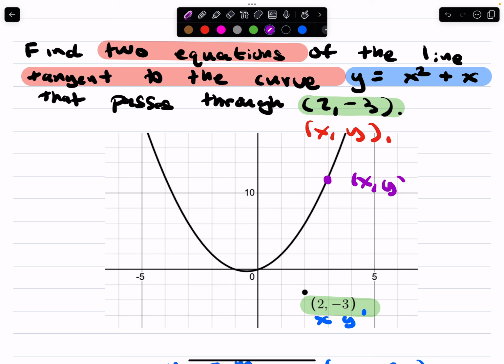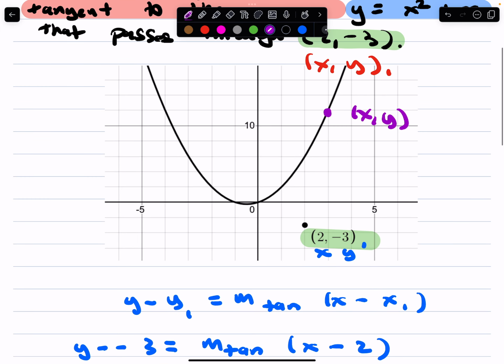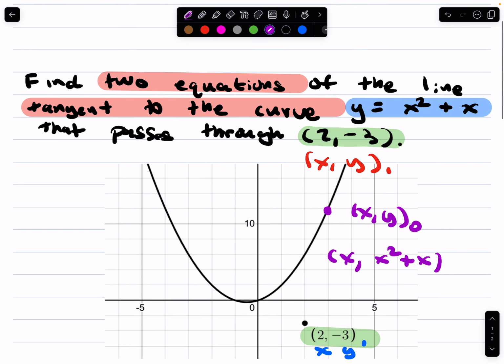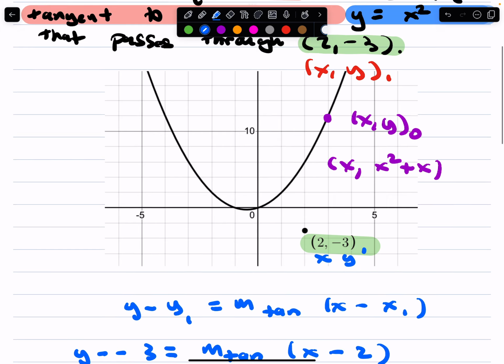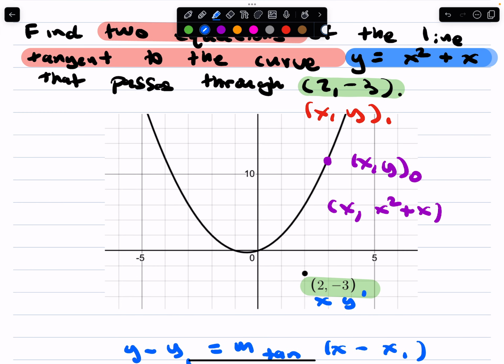Let this be some arbitrary point x, y. Maybe even call it an initial point, x naught. So this is an arbitrary point x, y. And that point is also represented as x, comma, x squared plus x, because this is what y equals. They told us y equals x squared plus x. So this is an arbitrary point on the curve, and I'm going to try to find m tangent.